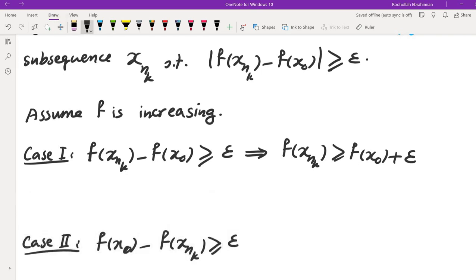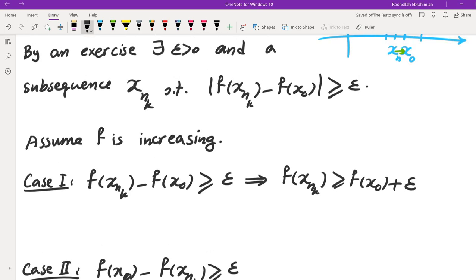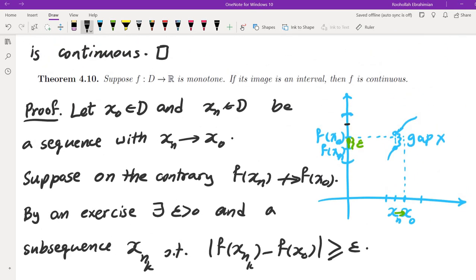Now let's look at what happens. So I know f of xnk is, in this case, right here, above that. I'm going to show that this region cannot be obtained by any value. Well, first of all, I know there has to be something in between here.